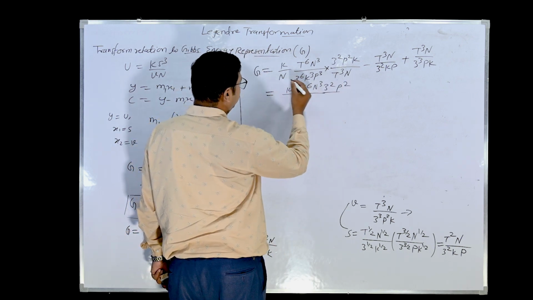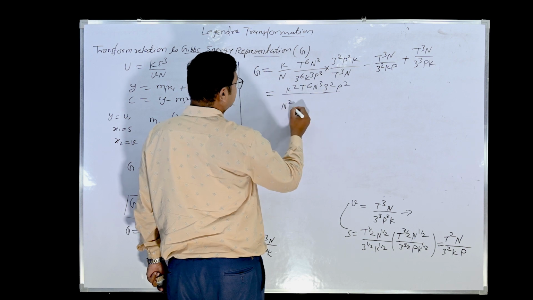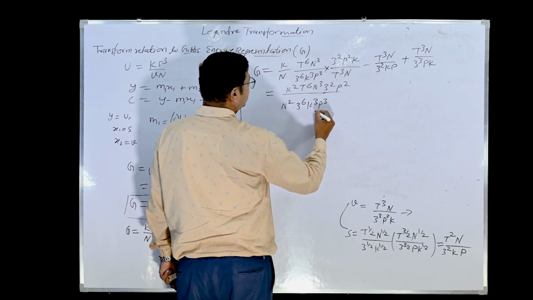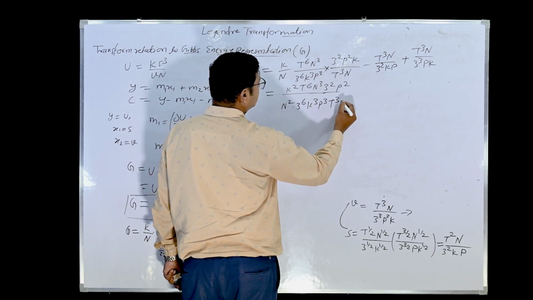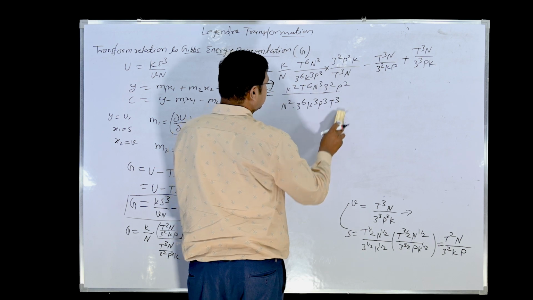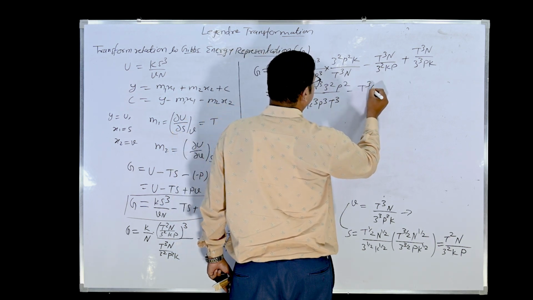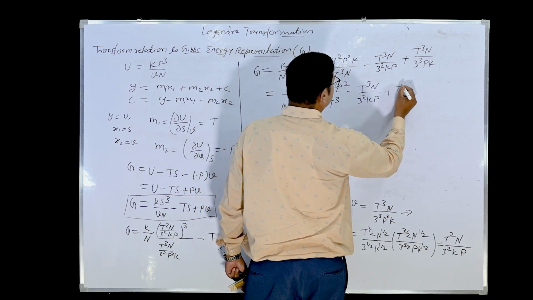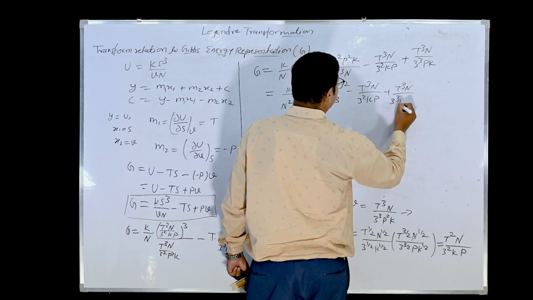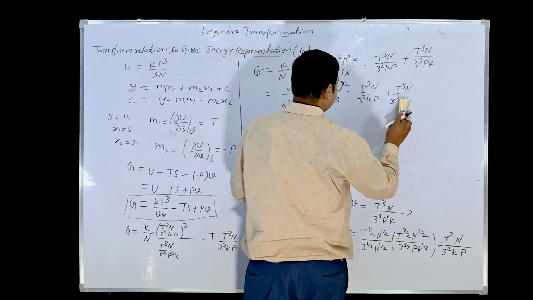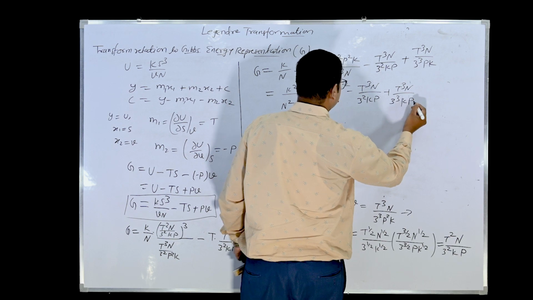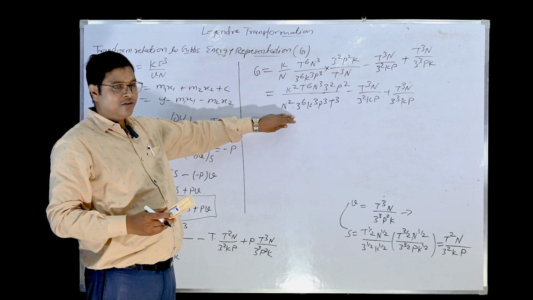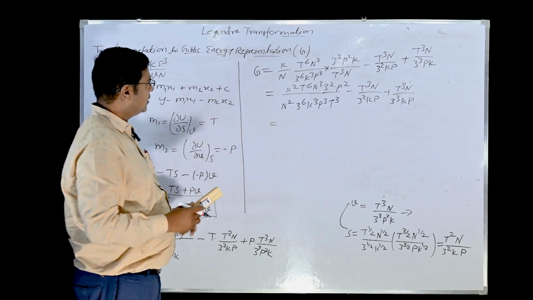Denominator n, so n square 3 to the power 6 k cube p cube t cube, and we already considered minus t cube n upon 3 square kp plus t cube n upon 3 cube pk or kp, right in one sequence, so it will be easy to solve. This is very long, but now it's very easy, we can cancel it.